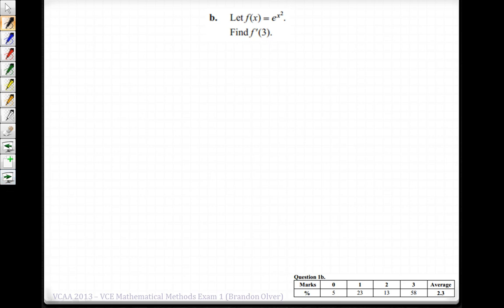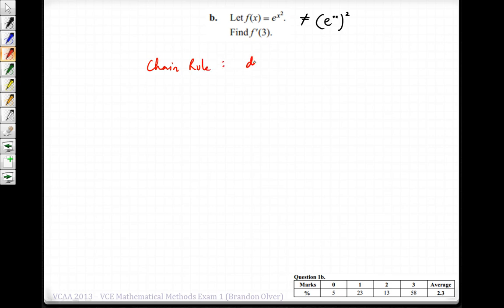So question B, let f of x equal e to the x squared, find f dashed of 3. One of the really common errors that was seen is that the derivative does not equal e to the x squared. That's not what it equals. In fact, we've got a function inside a function, so we're going to use the chain rule.